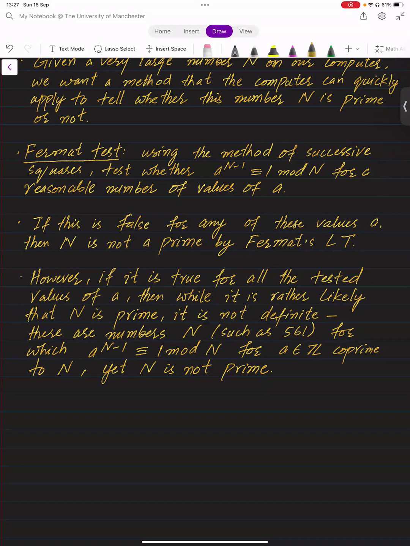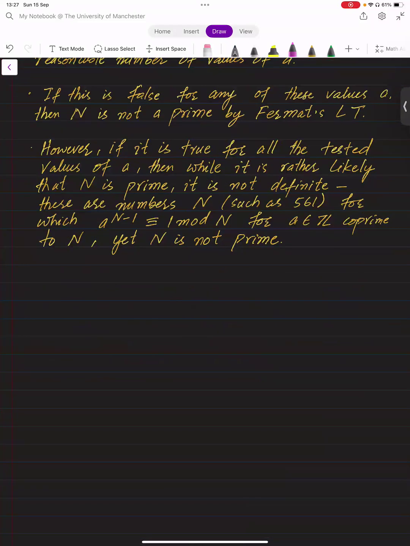However, there is a neat variant of the Fermat test that does work in practice, and it is based on the following simple fact. Let's write it as a proposition. Proposition 14.4. Let p be a prime.